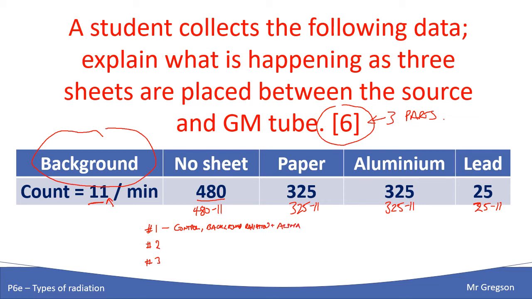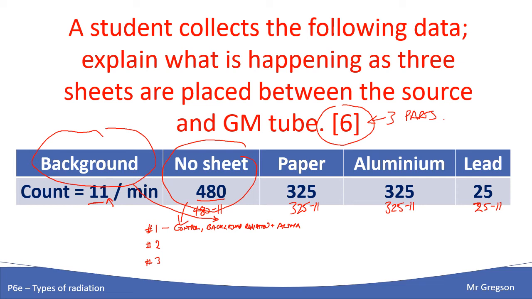That's a big paragraph, but it gets us lots and lots of marks. It shows the markers that we appreciate why there was an experiment done with 480, that's called our control. While we had a background radiation check of 11, and that we would take that away from each of them, what we just talked about, and just stating that in that paragraph would have got you loads of marks.